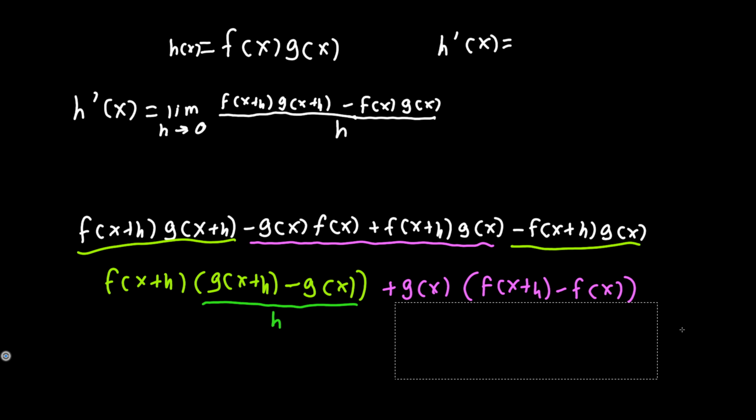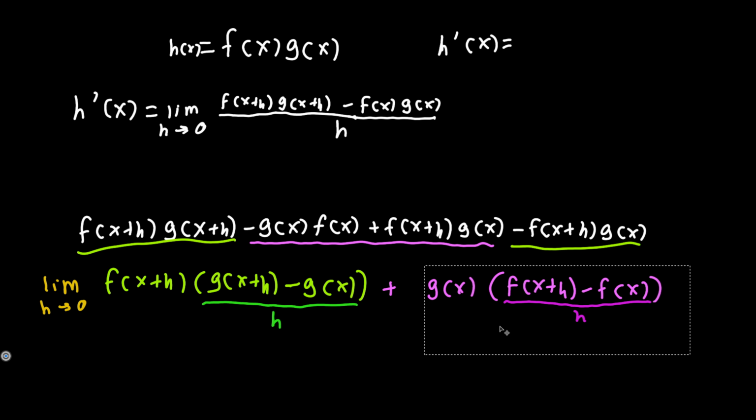And for the pink, we could do the same. If we look at the limit of each, we will see that we have the limit as h approaches 0, and the same thing could be said for the pink counterpart.